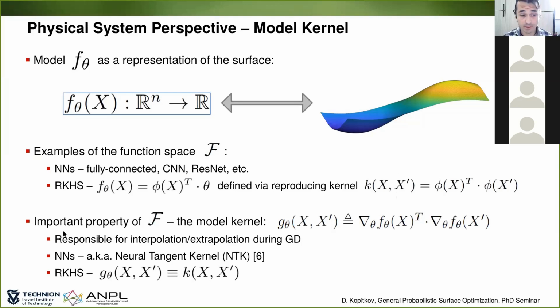An important property of any function space in the context of gradient descent is the kernel that looks like this: the dot product of model gradients at two different points. This kernel is responsible for interpolation and extrapolation during gradient descent. It is known as the neural tangent kernel in the neural network domain, and for RKHS it's just equal to this reproducing kernel.